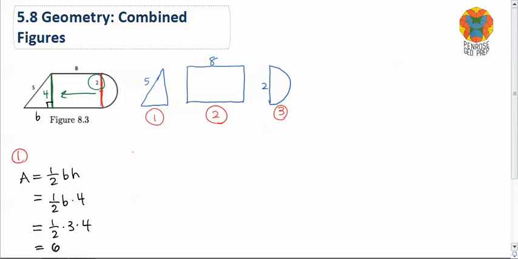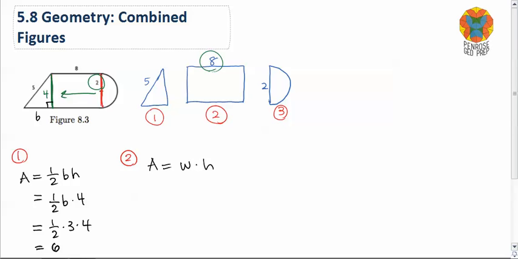Alright, now let's move to the rectangle. Again, if you look at your formula or equation sheet, you'll find that the area of a rectangle is the width times the height. We know that one side length is 8, which we have right here.